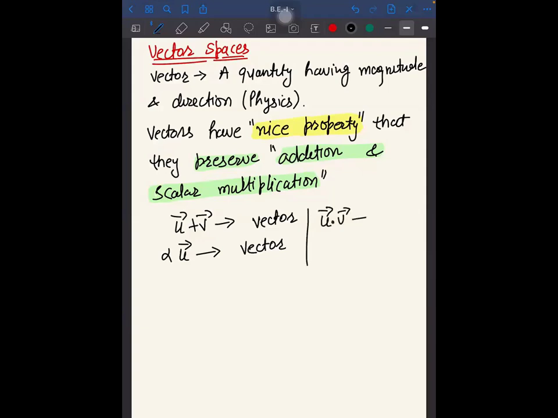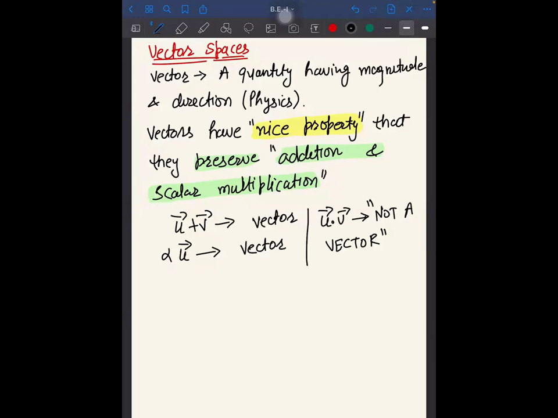Because if you take the dot product, then that is not a vector, right? Are you getting my point? So if you add two vectors, you get another vector. If you have a scalar multiplication of vectors, you get a vector in the result. But if you take the dot product of two vectors, it will not result in a vector. So vectors preserve these two operations, addition and scalar multiplication.